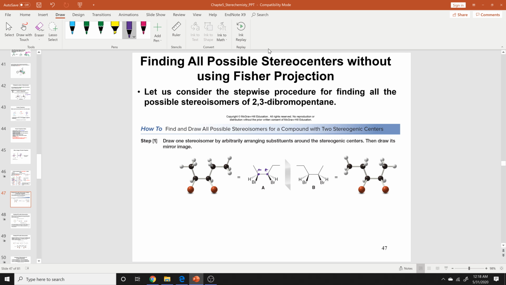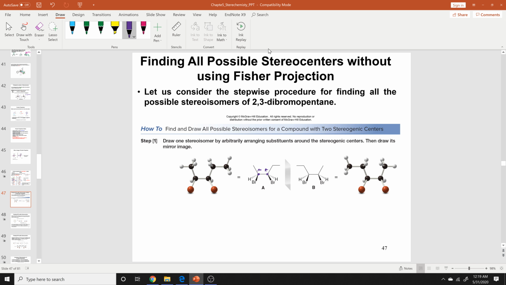This is why I didn't take that CH3 and put it in front, because I want it to be in plane with the rest of the carbon chain. That left me with one choice and one choice only. Since I need my hydrogen to be behind, the bromine has to be in front, and I don't have any other option with that.